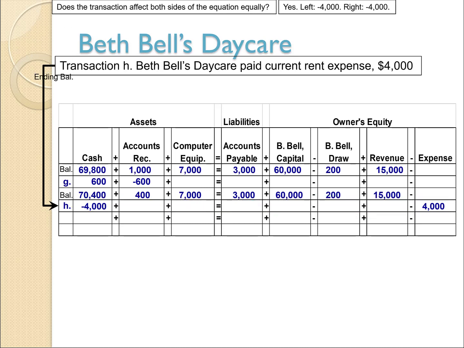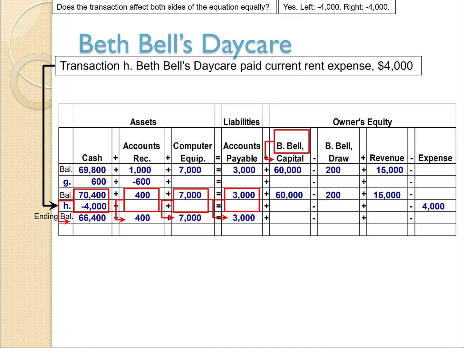So then we need our final balances. We'll write ending balance, and our cash account looks like we've got a total of $66,400. Our customers owe us $400. Our computer equipment is still the same at $7,000. She's still not paid her accounts payable, so we've got $3,000 of debt.